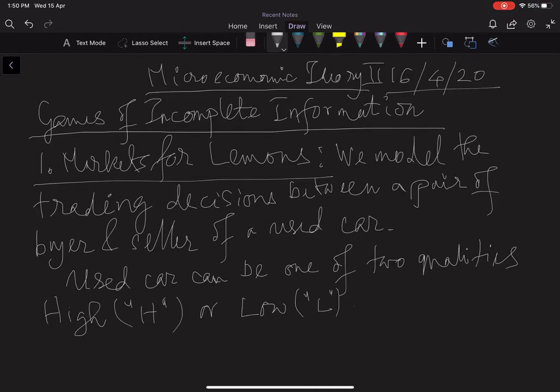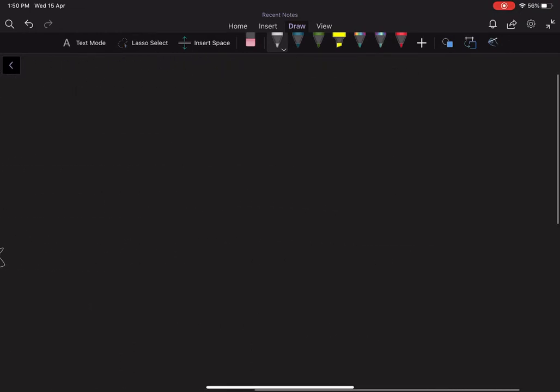So what are the payoff matrices? In order to decide the payoff matrices, you have to specify a price.